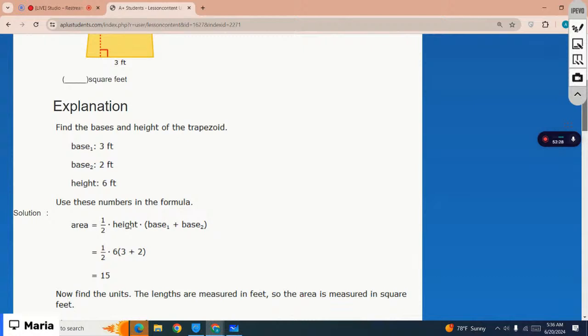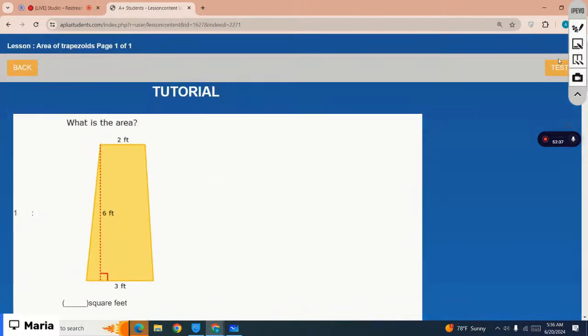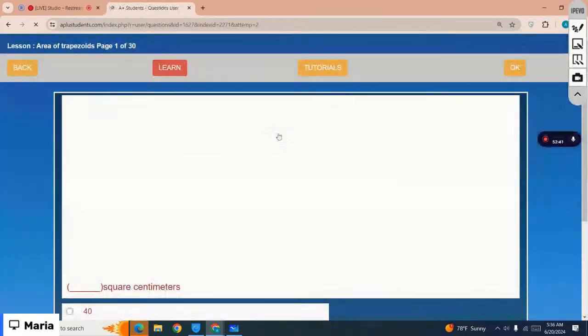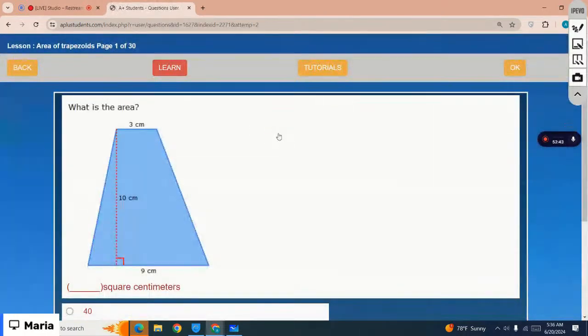Okay, let's just start with the test questions. Okay, what is the area?